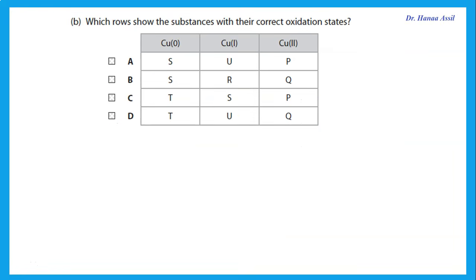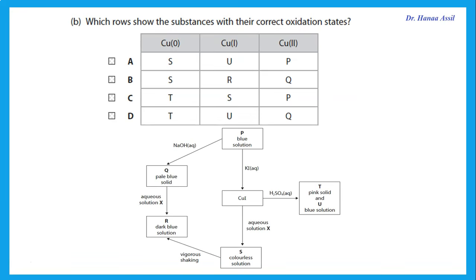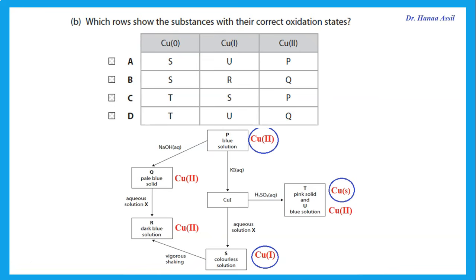Which rows show the substance with their correct oxidation state? So this was the flow chart that we were given, and we're looking for where do we have copper metal, copper 0, where do I have copper plus 1 and copper plus 2. So if we look at this, P is a blue solution, and you should know that the blue solution is when we dissolve the copper 2+ in solution, it forms a blue solution.